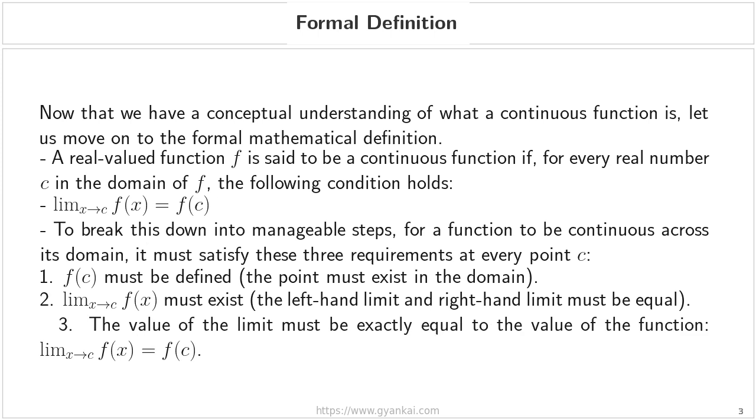And third, the value of the limit must be exactly equal to the value of the function at that point. In other words, the limit of f of x as x approaches c must equal f of c. If a function meets all three of these criteria at every point in its domain, we can officially call it a continuous function. To help you visualize how this works in practice, let's look at a real-world analogy in the next slide.